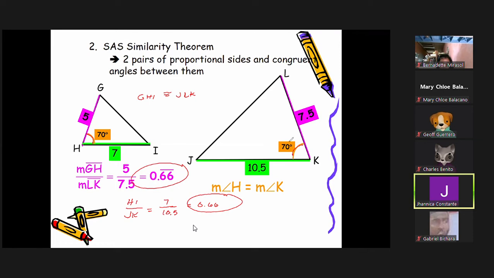So, mas madali pa. But what if the measurement of the angle is not the same?